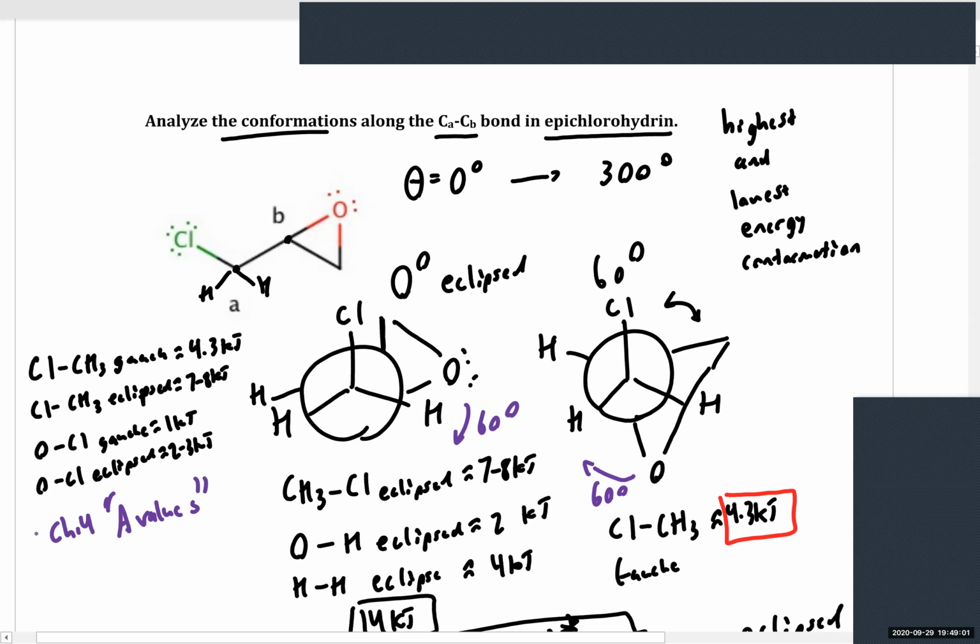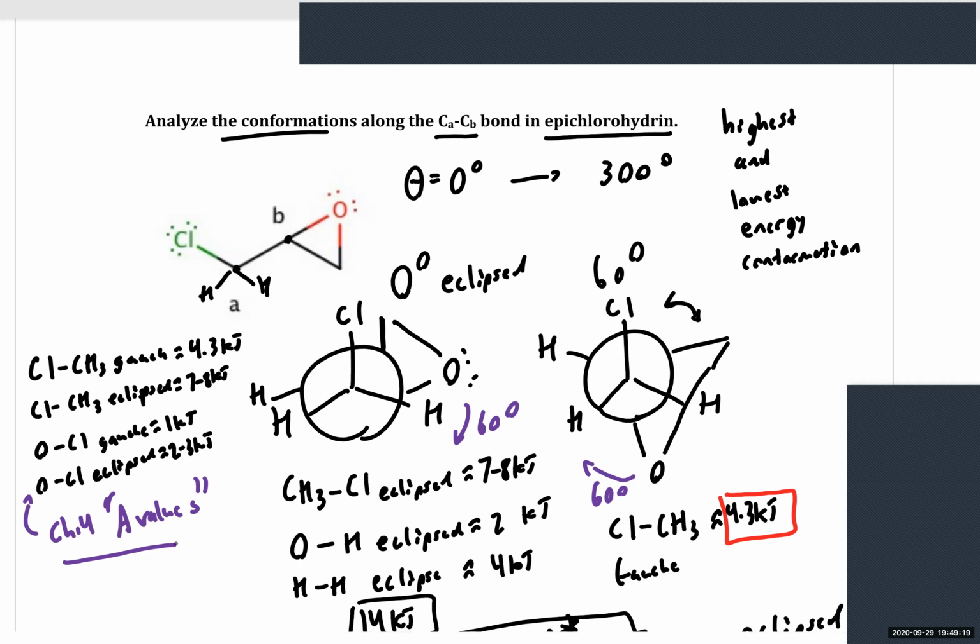And we can use A values to estimate these gauche and eclipsing interactions. So in the next chapter, there's a table of A values, and you can use them to get a sense of the relative amount of steric and torsional strain for different substituents.